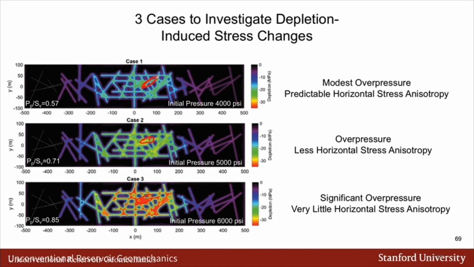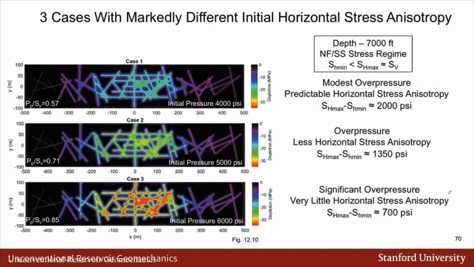The other reason for talking about this is that the higher the pore pressure, the lower the horizontal stress anisotropy. We talked about that early in the course. So we're talking about a more isotropic stress state when it's severely overpressured than we are when the pore pressure is modest. Okay?